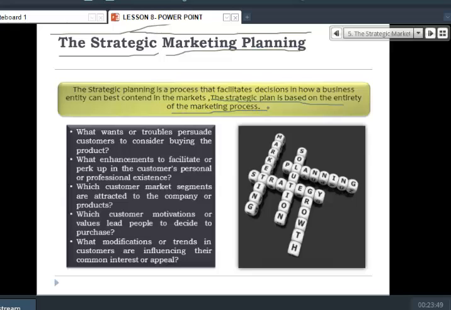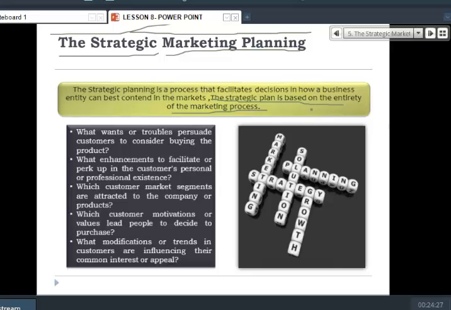The normal marketing plan could be focused on, let's say, the short term, maybe one week. I'm running an exhibition in one of the cities, trying to promote my products. So I will have a marketing plan, but this marketing plan could be for certain or particular objectives, whereas the strategic marketing plan focuses on the entirety of the marketing plan process.